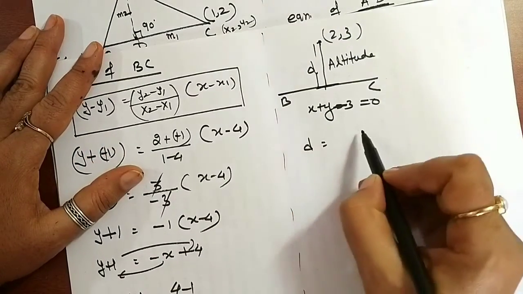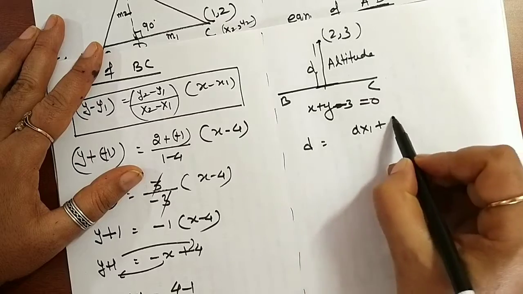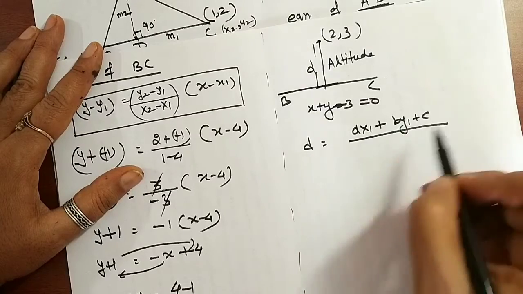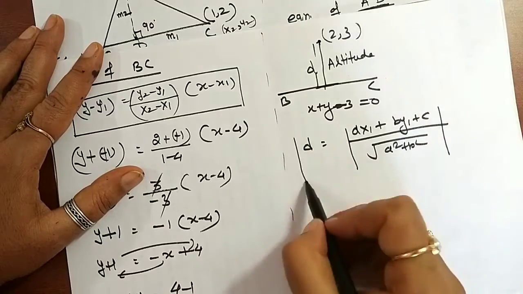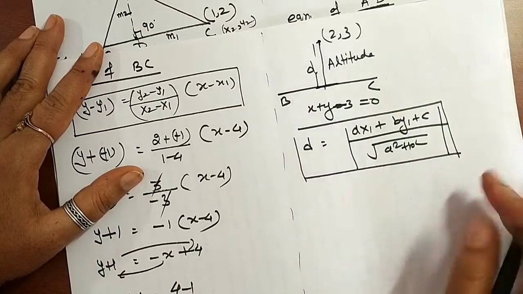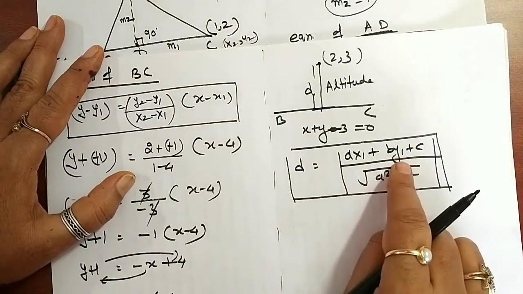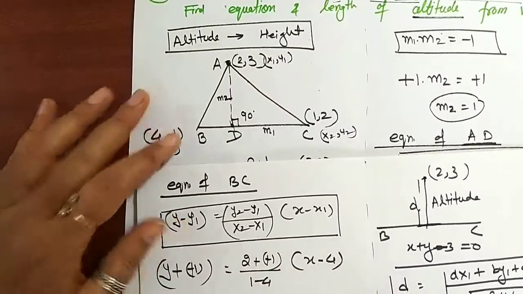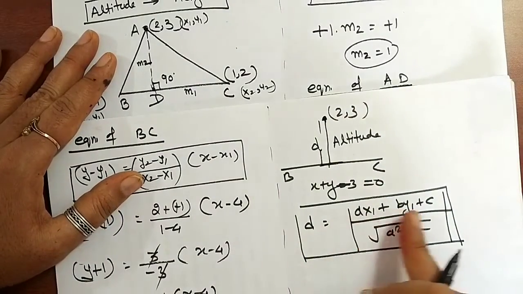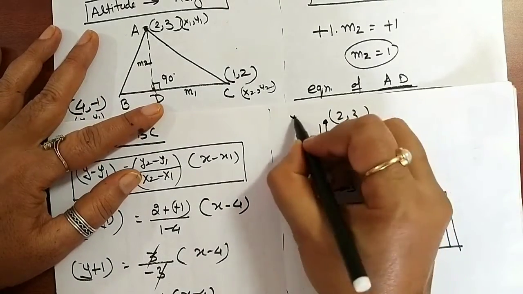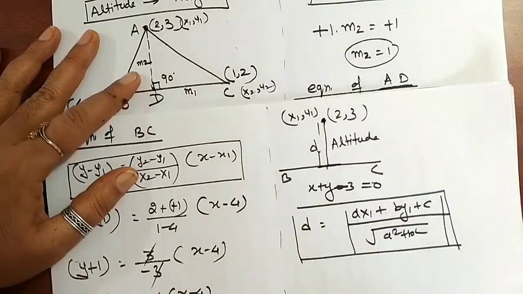The distance formula is |ax1 plus by1 plus c| by root of a square plus b square. Guys, remember, here when I am using x1 y1, I am not going to use this x1 y1. Please be careful, because now I am putting perpendicular from here. So my x1 and y1 is this right now. Okay, this is my x1 and y1.